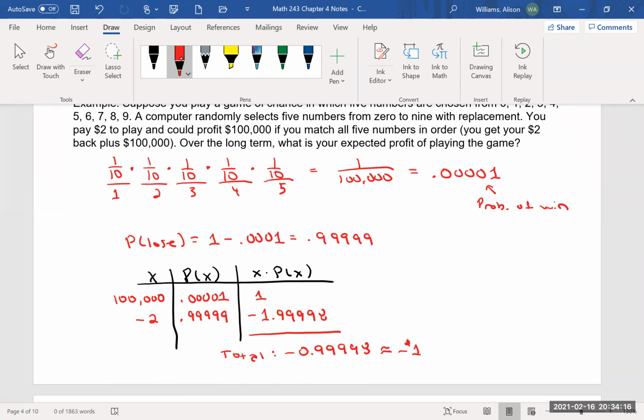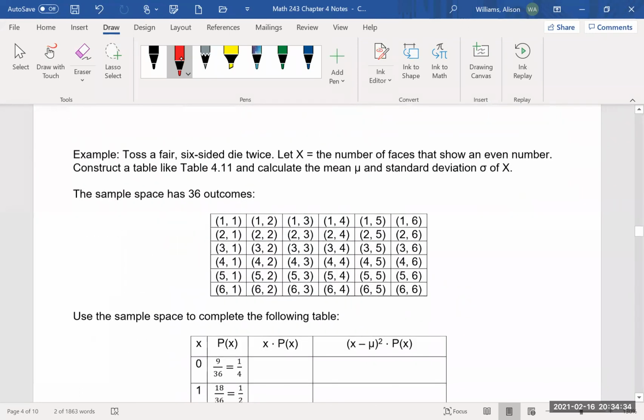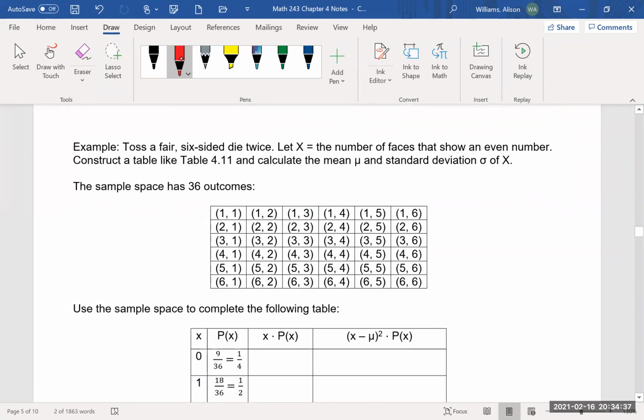The odds are not in your favor. It's kind of designed so that you're going to lose money in this scenario. Even if you might win, you still might end up losing money if you keep playing this game. All right. So let's look at another example. And by the way, most games are set up that way against you.